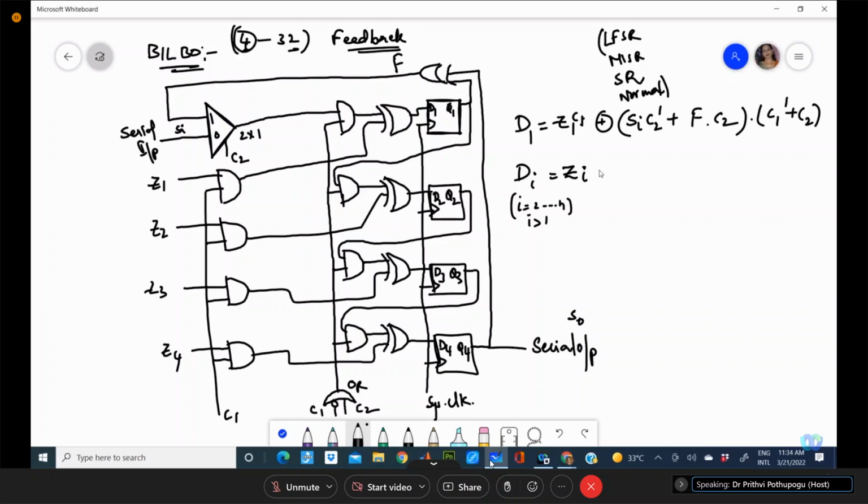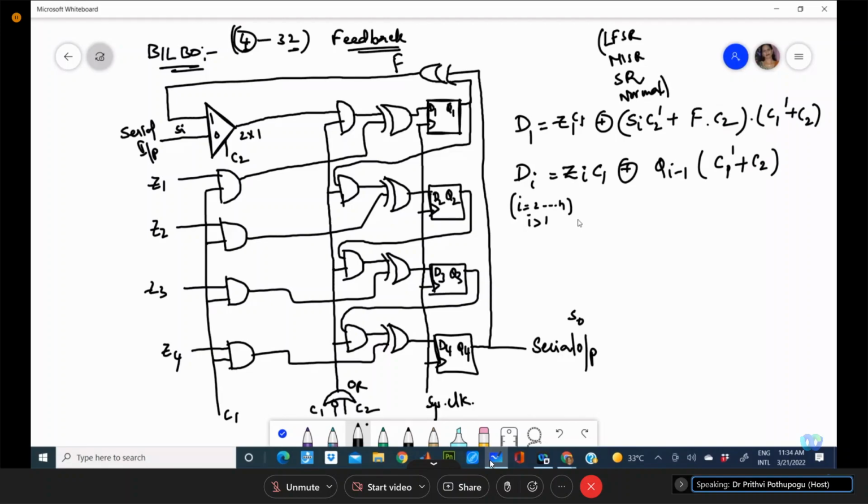Z of I, C1, XOR that, we are writing this equation, XOR that with the previous output fed back. See here, these are the previous outputs fed back. So Q of i minus 1. What is that controlling? This is C1 dash or C2. Hope we have defined all the terms here now.